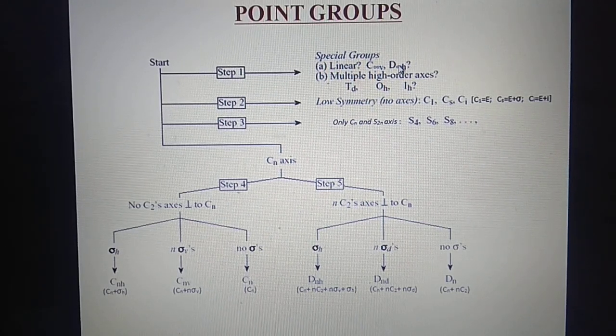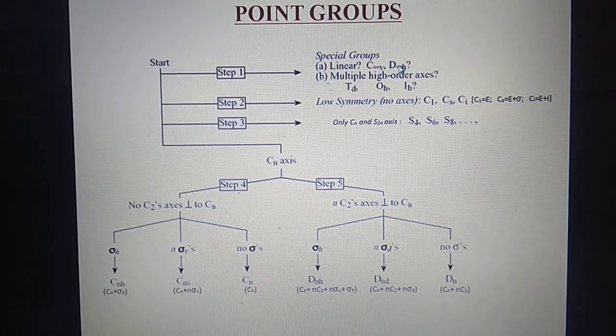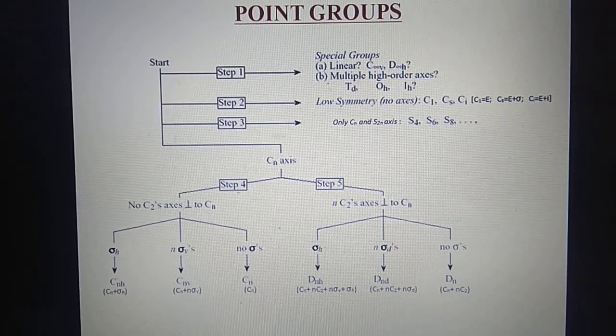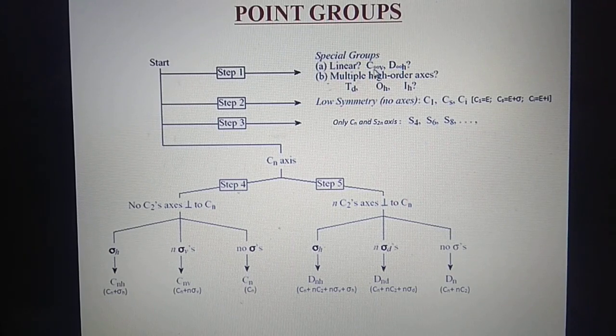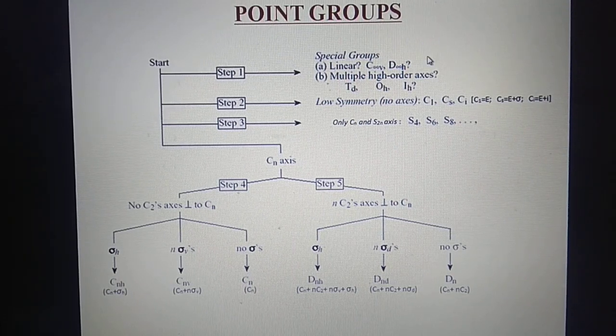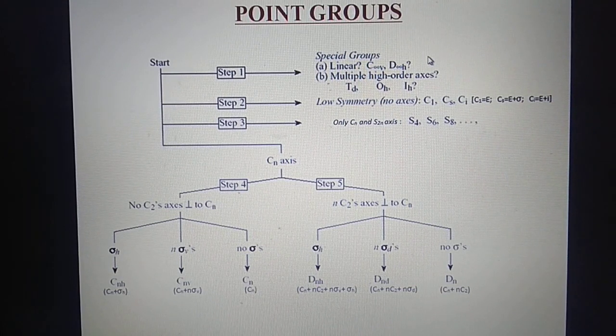If the molecule is linear and i is present, then the point group would be D∞h. And if the molecule is linear but i is absent, then the point group would be C∞v. So for linear molecules, there are 2 point groups, C∞v and D∞h, and it all depends upon whether i is present or absent.